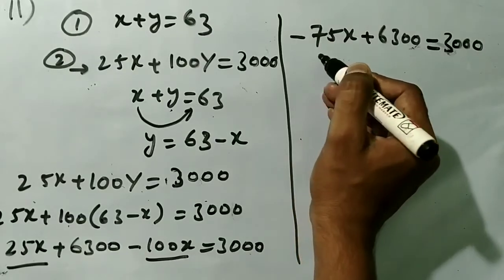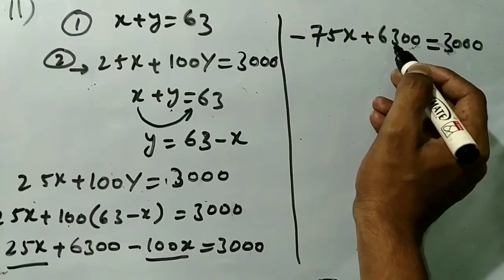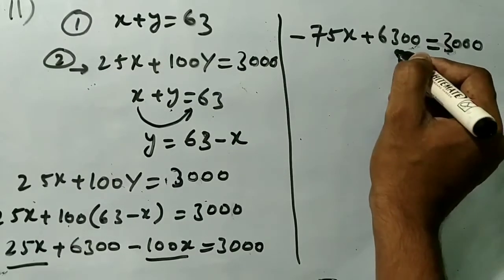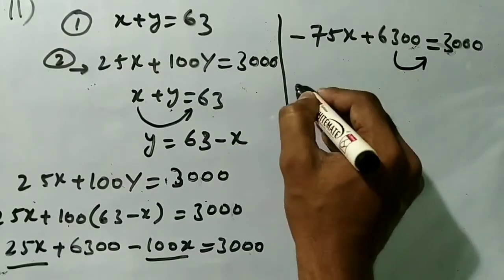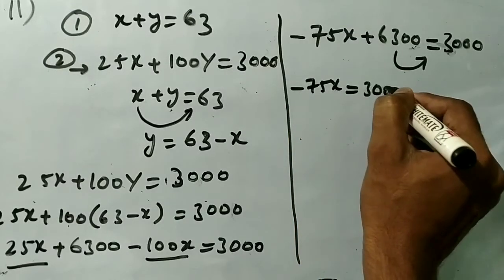So here send this 6300 to the other side, that is the RHS. Minus 75x is equal to 3000 minus 6300.